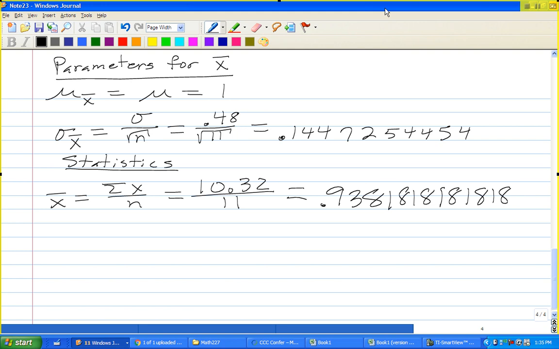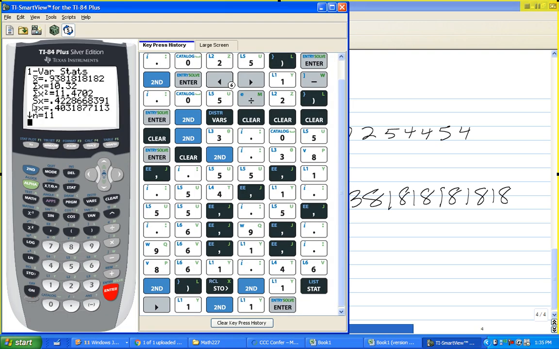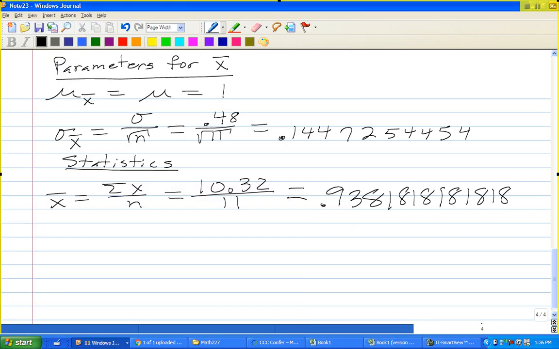We don't need the sample standard deviation or the sample variance, even though it actually told us what the sample mean is. But we really don't need that. Okay, so now let's compute the test statistic.